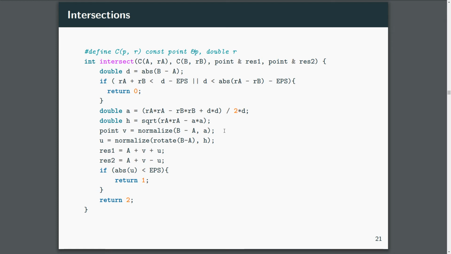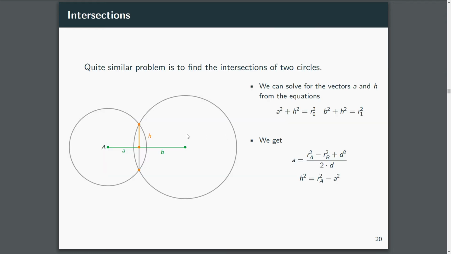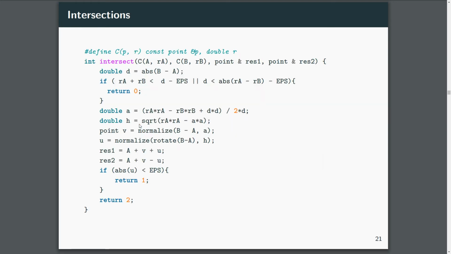Sorry, the vector v. This is a vector v because we want to find the vector from A here to this point here. And then we find the vector from this point to this point. That's the vector u.